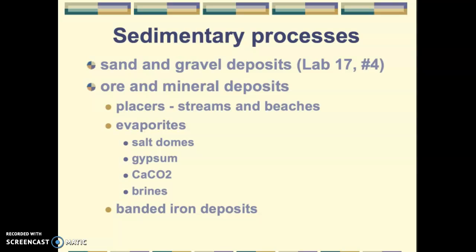And when life shows up and starts photosynthesizing and adding free oxygen to the environment, the iron that was dissolved in the oceans at the time reacted with that free oxygen, formed iron oxide, and settled out and gave us what we call the banded iron deposits or banded iron formations.